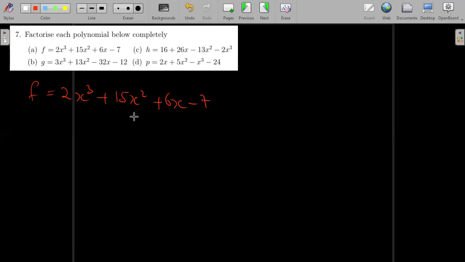So now what do we do here? According to the rational root theorem, we look at the value at the end, the constant, and the leading coefficient.